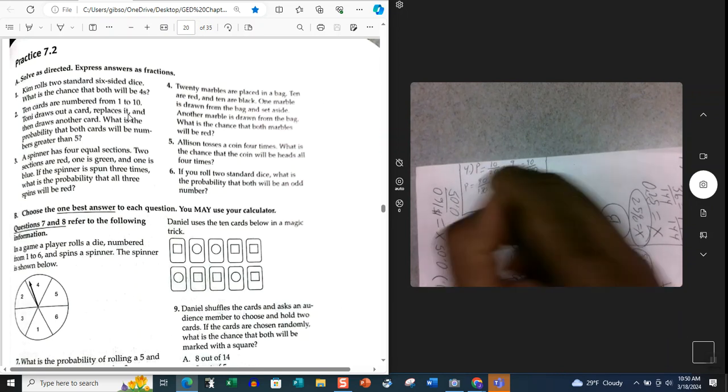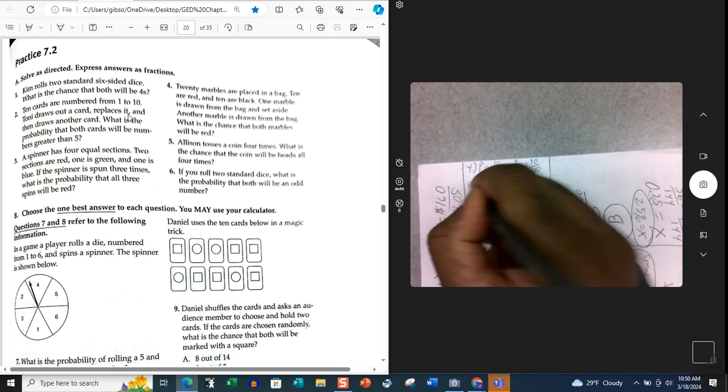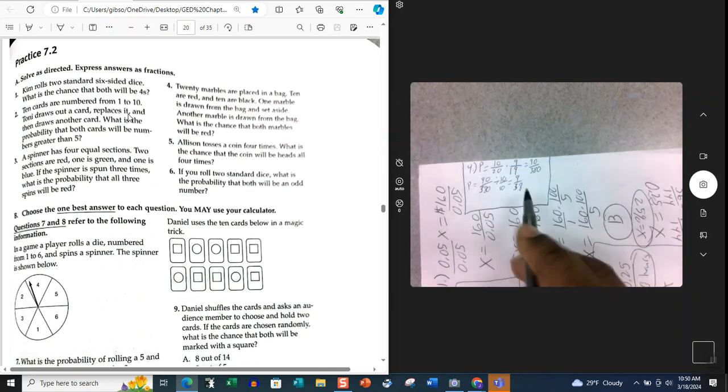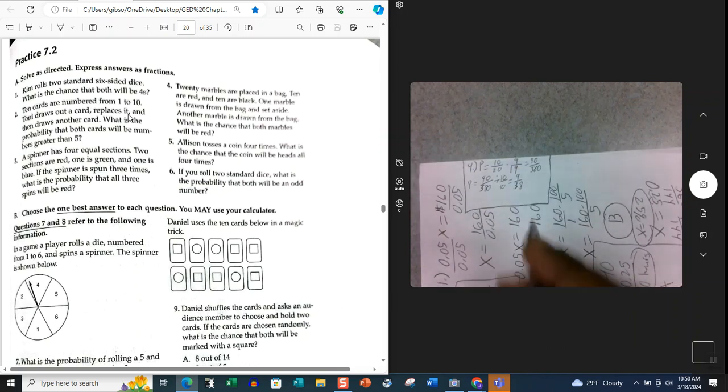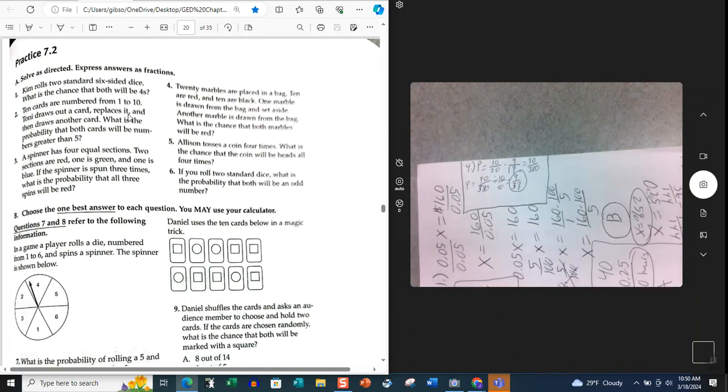No, I'm sorry, I wrote that wrong. This is supposed to be 380, not 180. So it'd be 9 over 38. So this would be our final answer, 9 over 38. Okay, so now that took care of problem number 4.